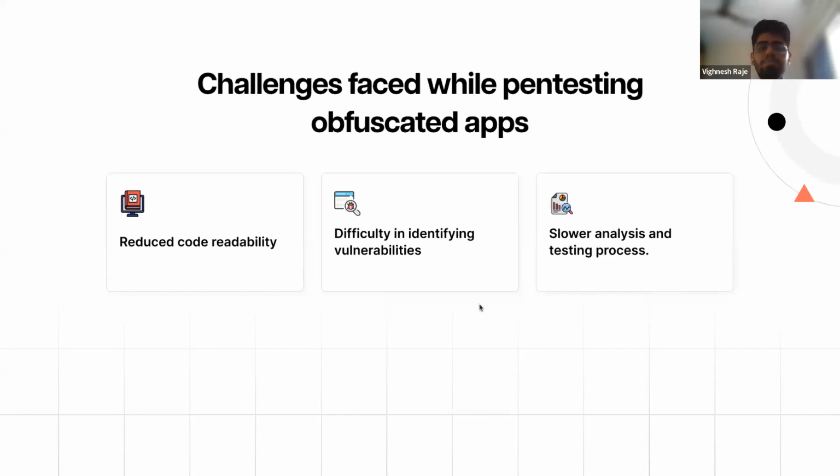Since the code readability is quite low, it becomes difficult to identify vulnerabilities just by going through the source code. A few of the static analysis vulnerabilities that could be easily found just by going through the source code become pretty much difficult to find in obfuscated apps.